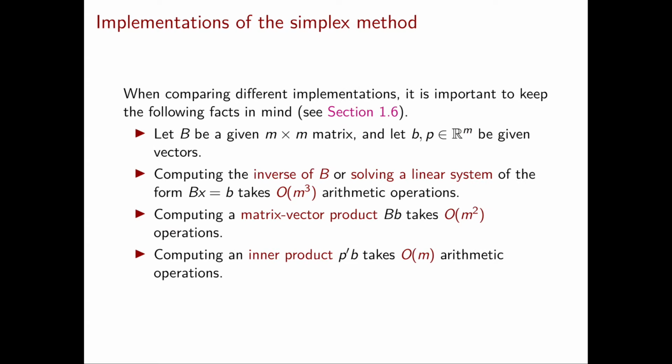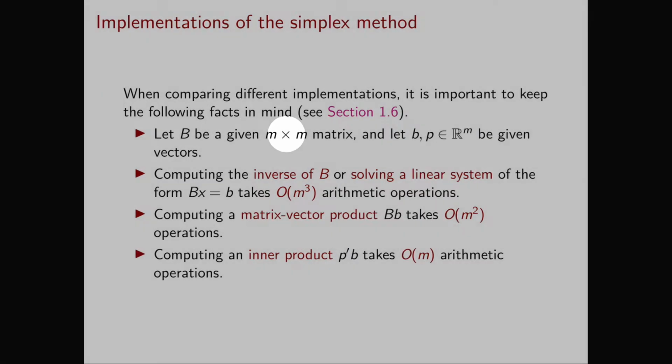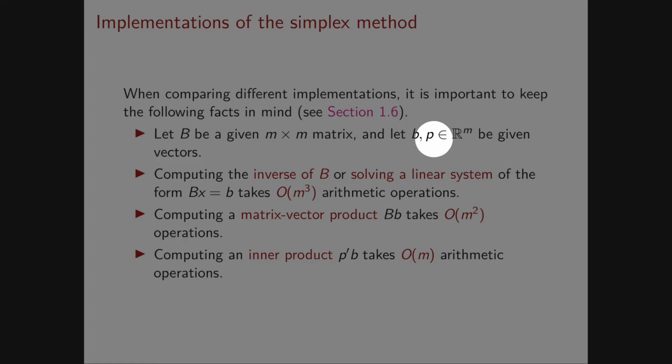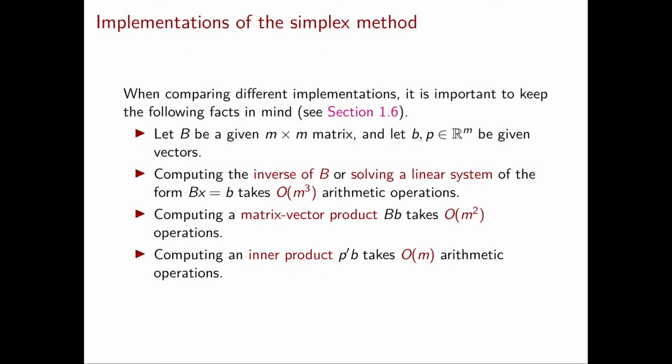Before starting with the analysis of the naive implementation of the simplex method, let me remind you of a few important facts that we need to keep always in mind in order to be able to quickly compute the number of arithmetic operations required by each implementation. Let's say that capital B is a given m by m matrix, and let's say that b and p are given vectors in Rm.